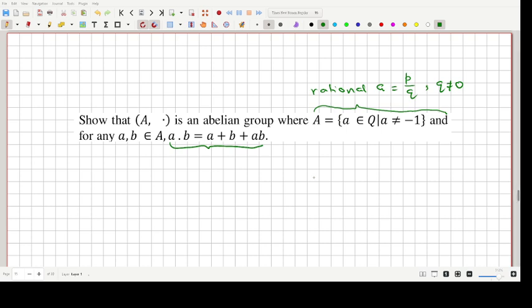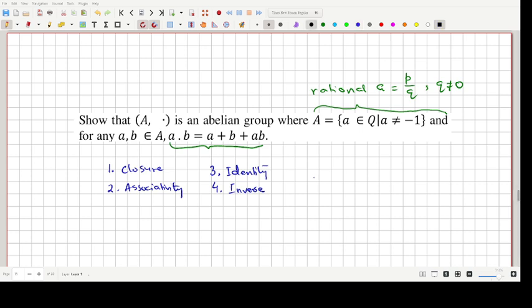Okay, now in order to prove that this is an abelian group, first of all we'll prove that this is a group. So the properties that we are going to show are closure, associativity, the existence of an identity element, the existence of an inverse element for each and every element, and that would conclude the proof of this A comma dot being a group.